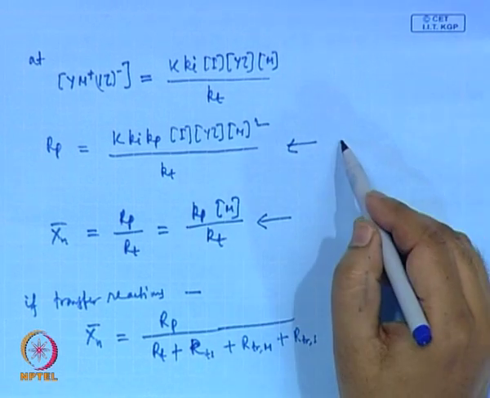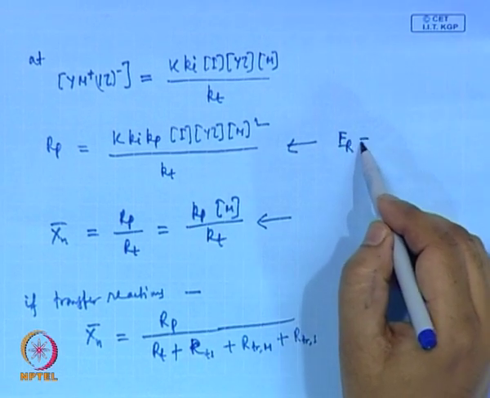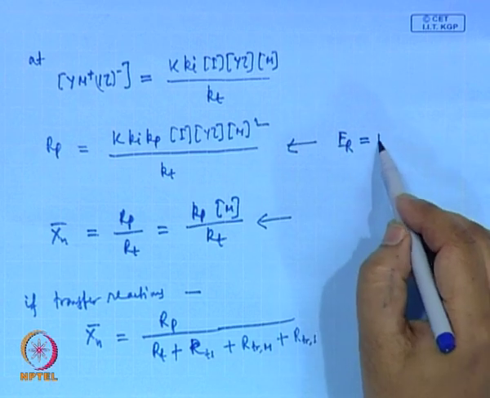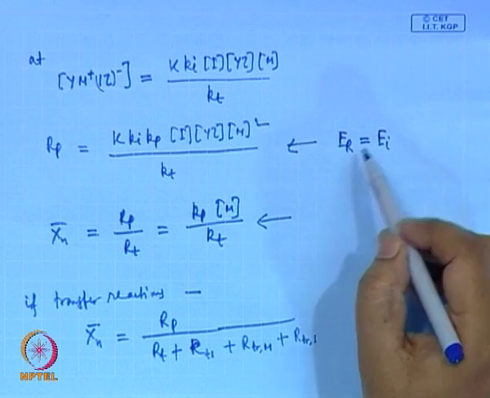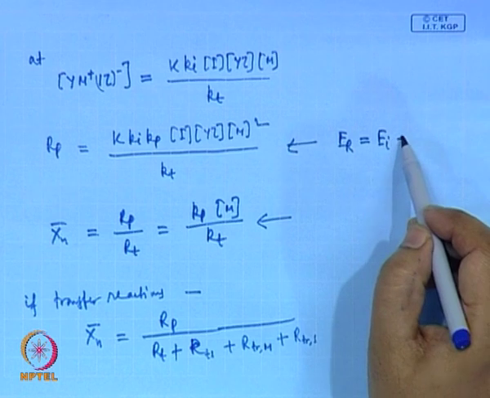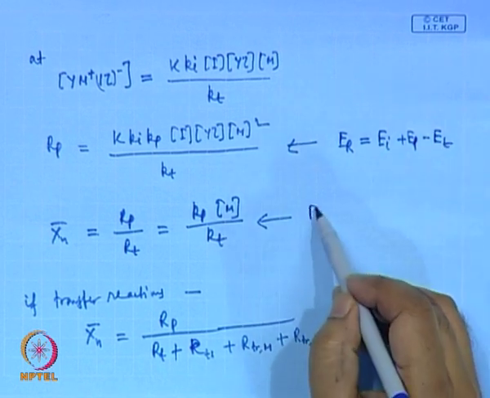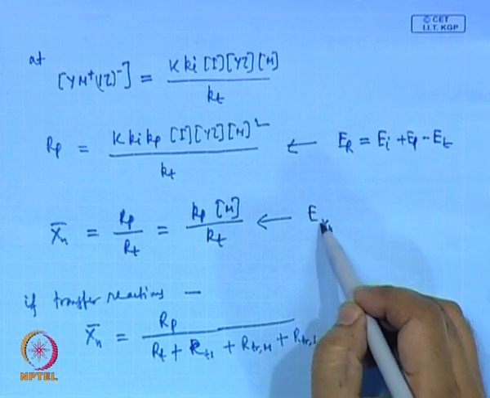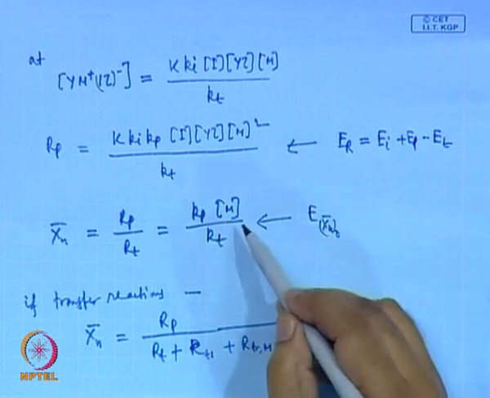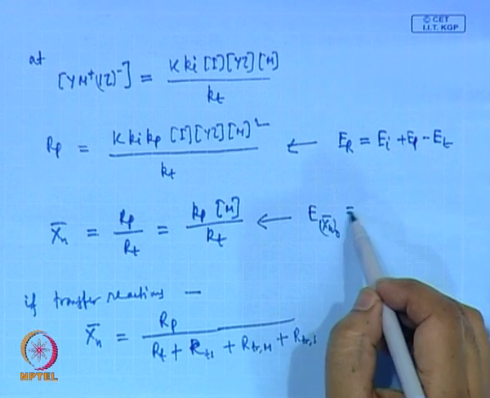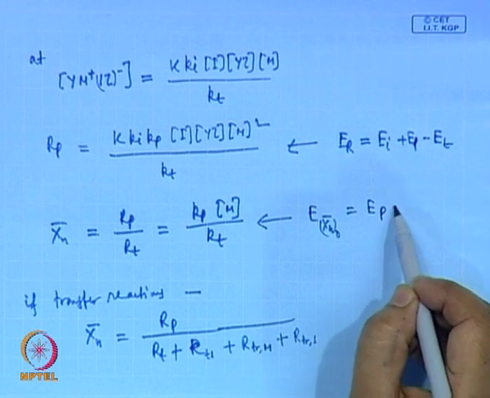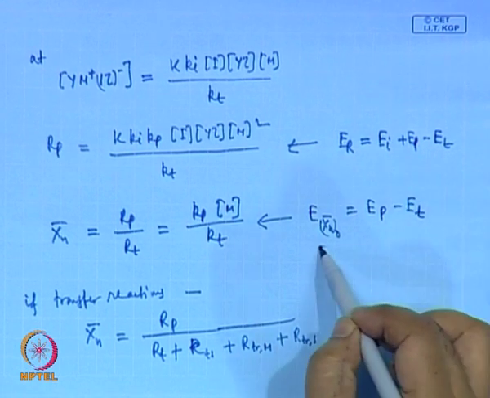So, we can similarly write the activation energy for the reaction as E initiation plus E propagation minus E termination, and E Xn 0 was the same in absence of any chain transfer reagent. We can write this. Okay.